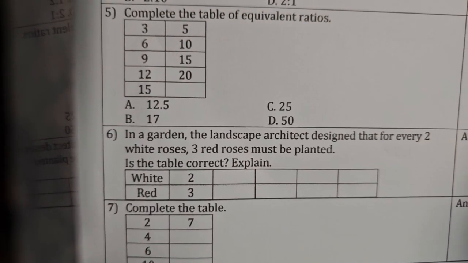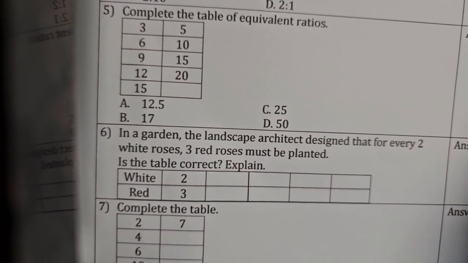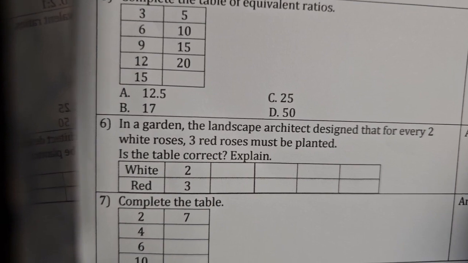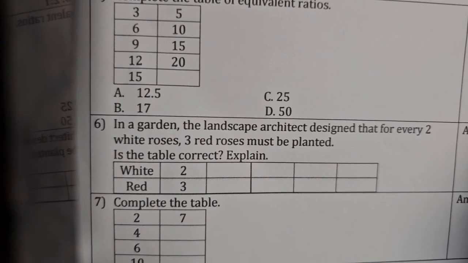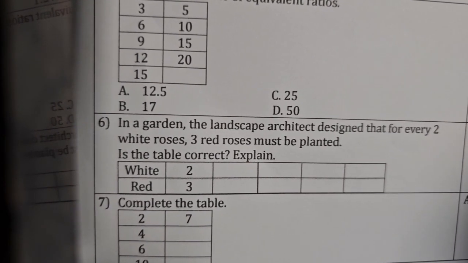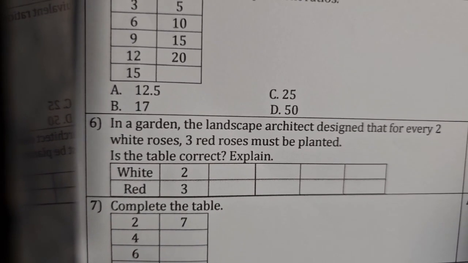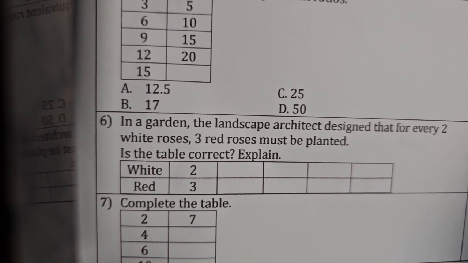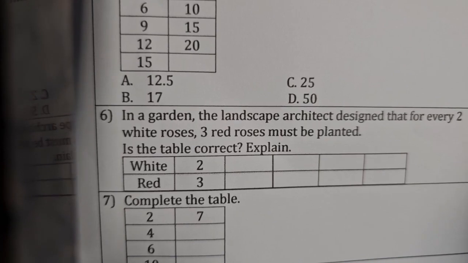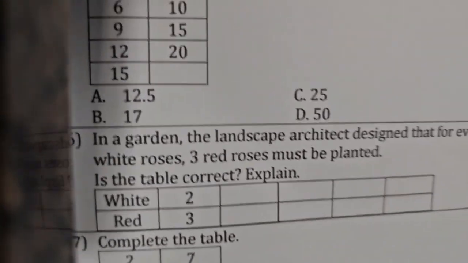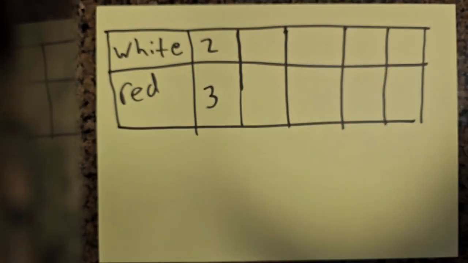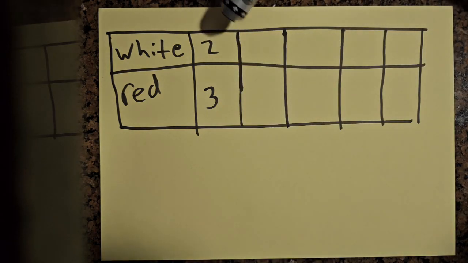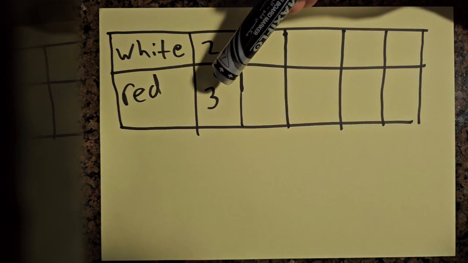Over here, they've given us a table, and on top of it, it reads, in a garden, the landscape architect designed that for every 2 white roses, 3 red roses must be planted. Is the table correct? Explain. Okay, I mean, yeah. If we look at that, it's already just showing white 2, red 3.